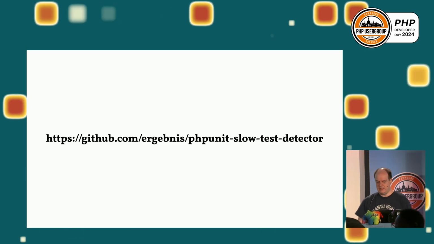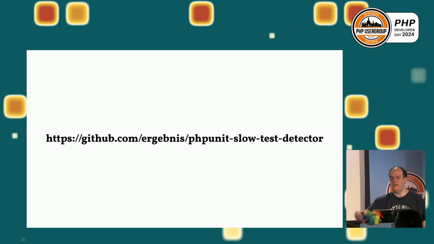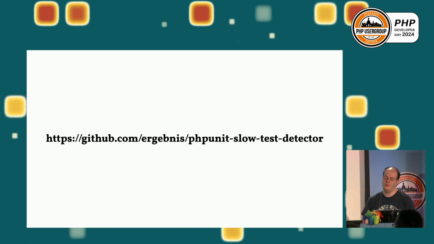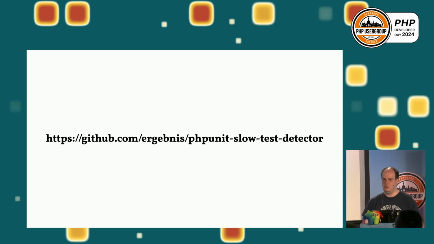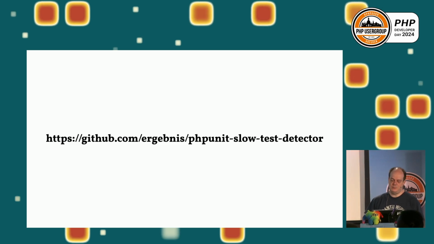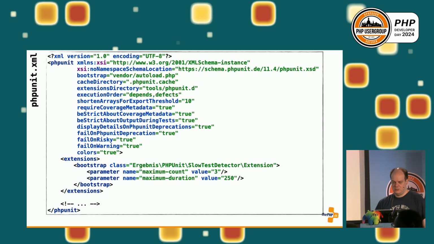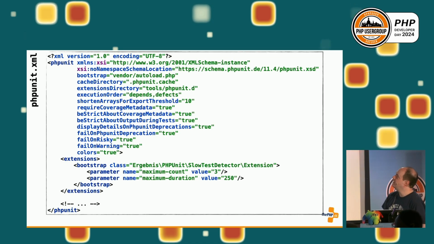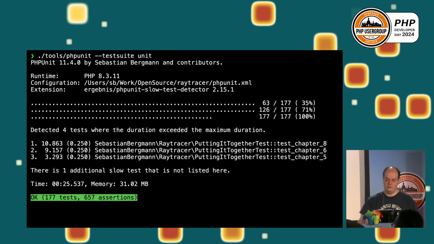So one extension which is also good to look into its code if you're thinking about writing your own extension for PHPUnit. Maybe you want completely different output. Hey, write a new output printer to replace PHPUnit's output. PHPUnit's slow test detector, you put it here. Just need to say, hey, I want this extension to be loaded, and then you can configure some values.